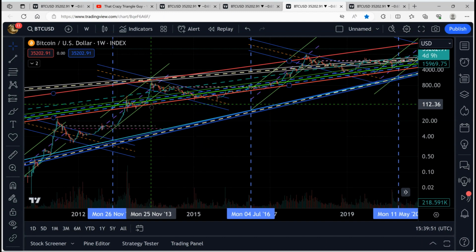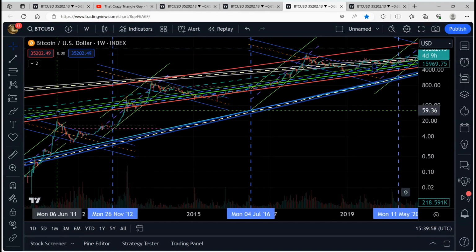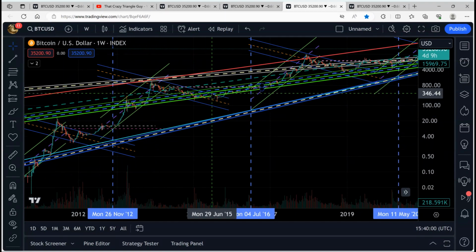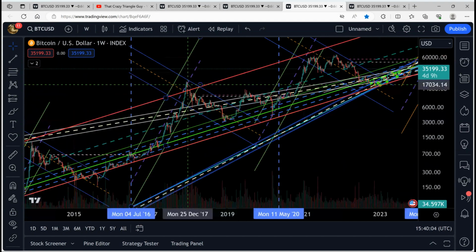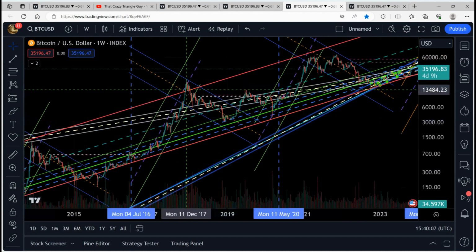So that's interesting. We seem to have the highs in April and November, and apparently in June, and here, 4 years later, again in December, close enough.